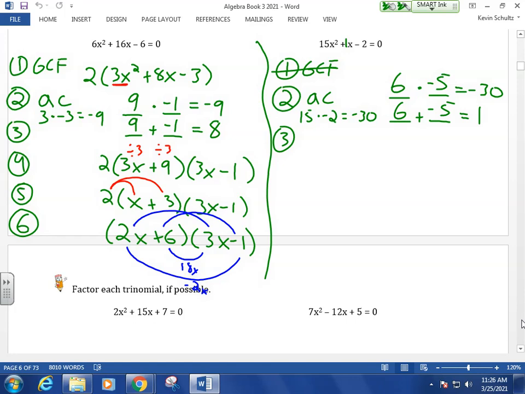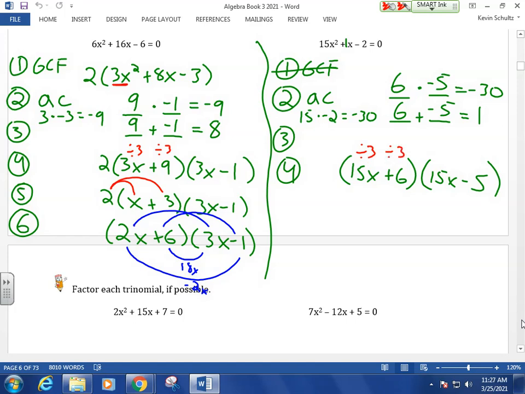Okay. Step 4, setting this up. Again, there is no GCF, so we can go straight to our parentheses here. Both of them get the A term, which is 15x. One of them gets the positive 6. The other one gets the -5. Now we simplify. 15 and 6 can each be divided by 3.